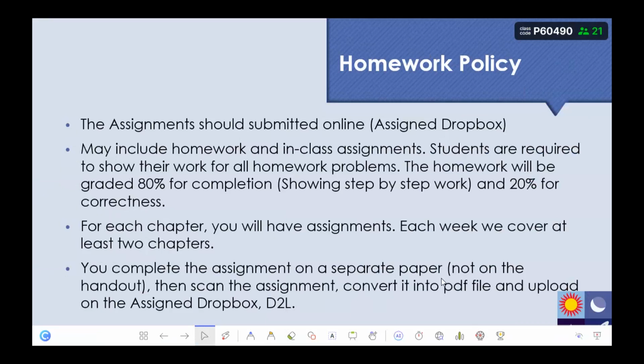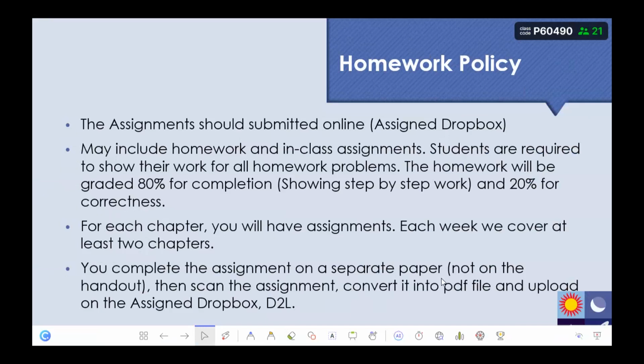If you miss the due date, that's all right. You still have a chance to submit those homeworks until the day of your first exam. After the first exam, the unit 1 homework will not be accepted. Make sense? And this is going to be partial credit. You will get 50% of the credit.